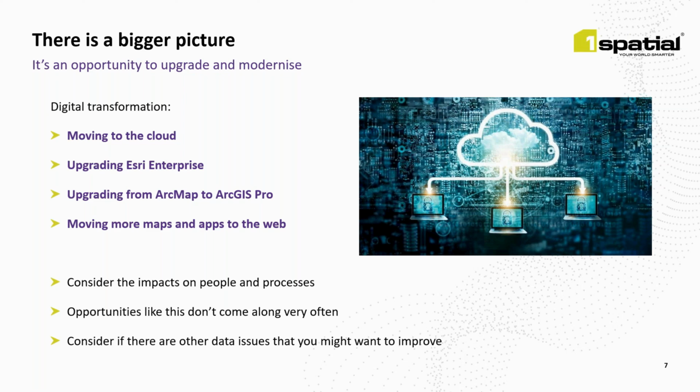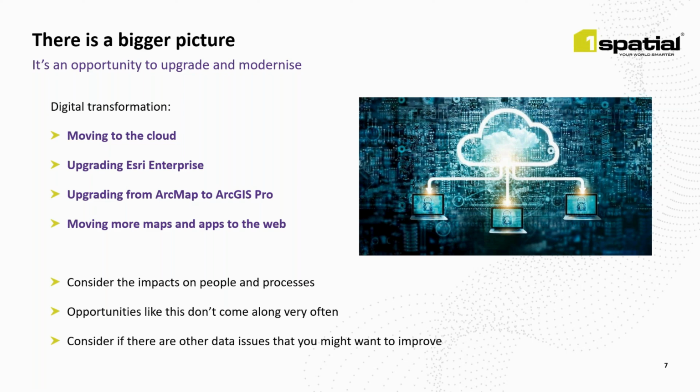And again, there's the move from ArcMap to ArcGIS Pro for your desktop users. It's also a really good opportunity to move more of your maps and geospatial applications to the web.